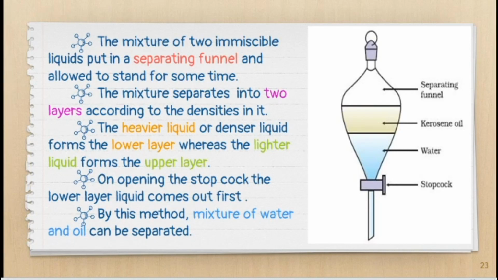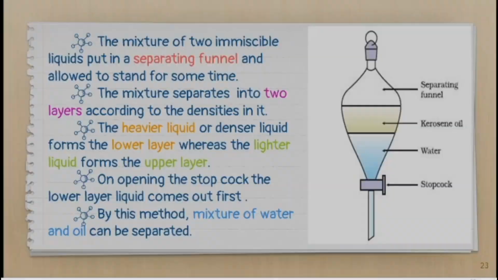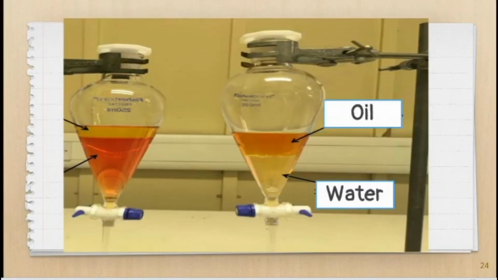The heavier or denser liquid forms the lower layer, and the lighter liquid forms the upper layer. We can easily separate them by using the stopcock. If you open the stopcock, the lower liquid comes down and the remaining stays in the separating funnel. So this is the original setup of the separating funnel.